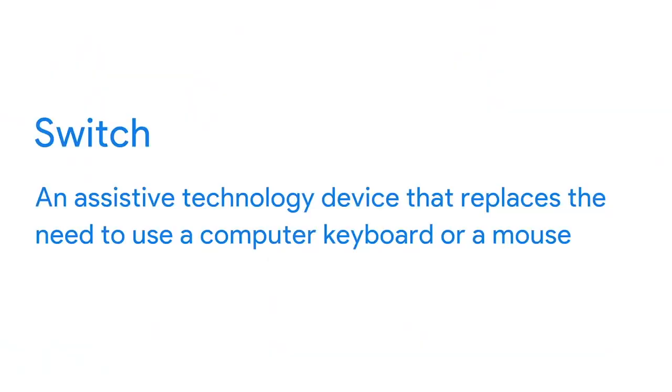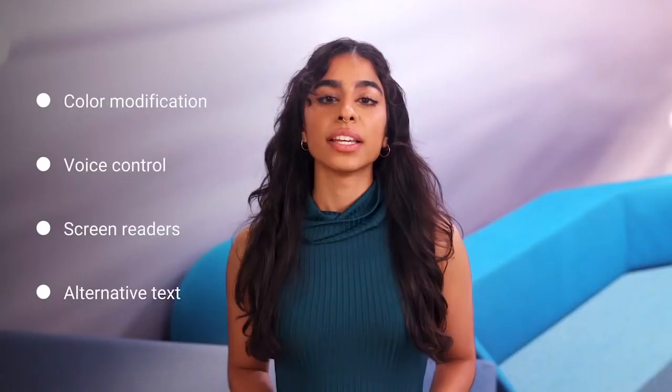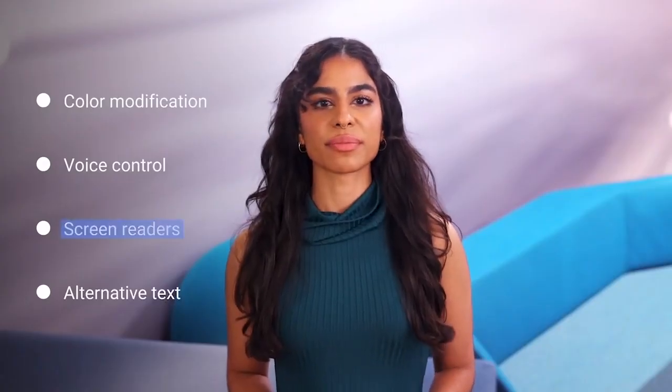A switch is an assistive technology device that replaces the need to use a computer keyboard or a mouse. Switch devices can allow users to control technology like a computer or smartphone. There are a lot of different kinds of switch devices, but they all help people with limited motor ability use technology more easily.